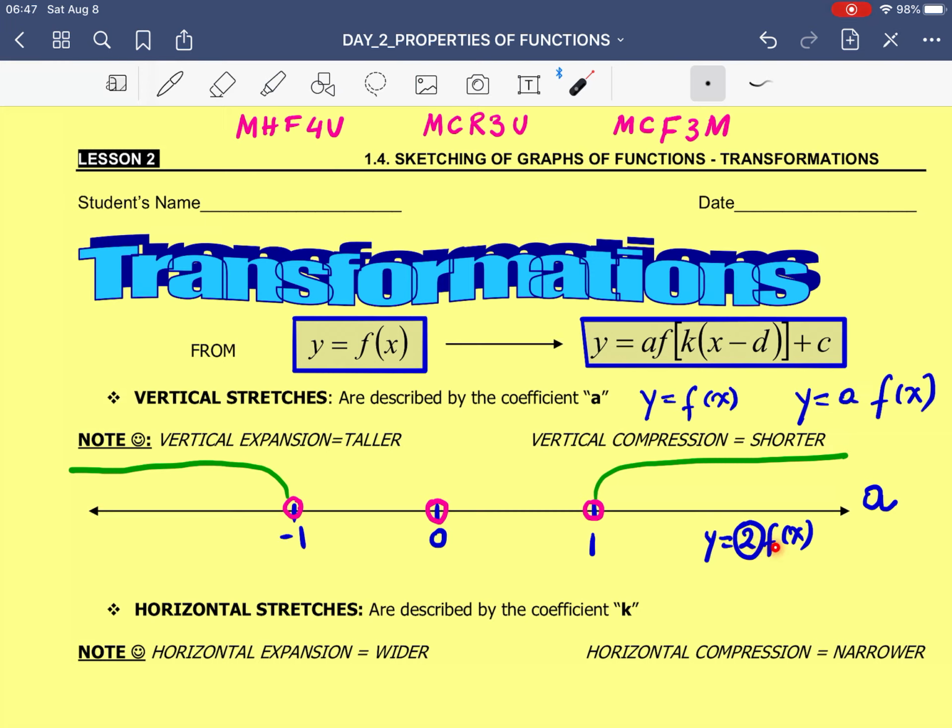So the values of y will become 2 times bigger or 3 times bigger for the same x values. That will cause a stretch in the vertical direction of the function. We call this a vertical expansion, and I know different textbooks will use different words. I think expansion is a better word to describe it.